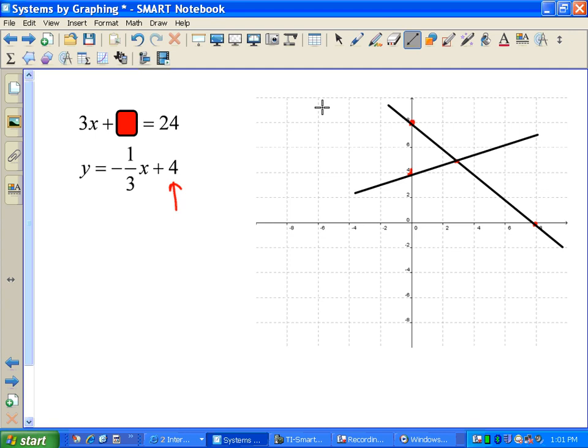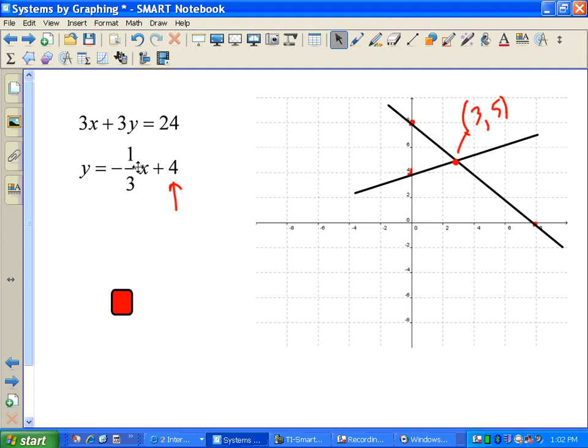Looks like a good place for it. Next thing we just need to do is tell where they cross. X is equal to about 3, y is equal to about 5. 3, comma 5. We always want to identify where they cross, not just by putting a dot on it, by actually writing the coordinates. It's a good idea to take a minute and check to make sure that you didn't just come up with some crazy number.